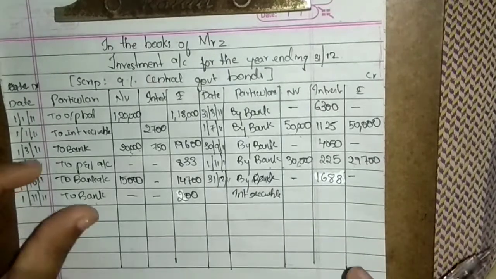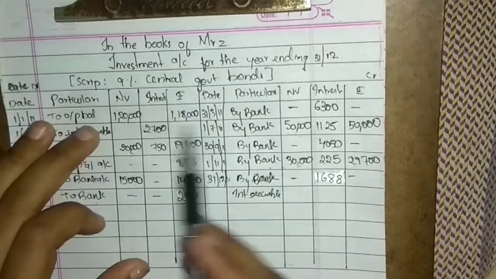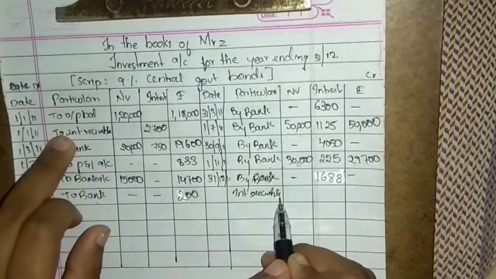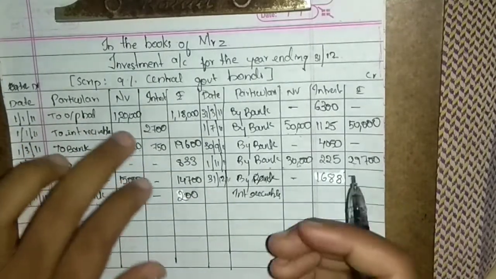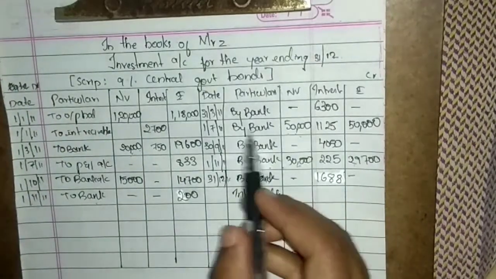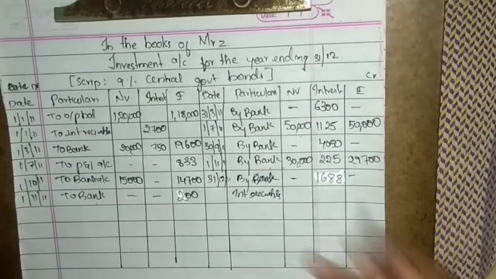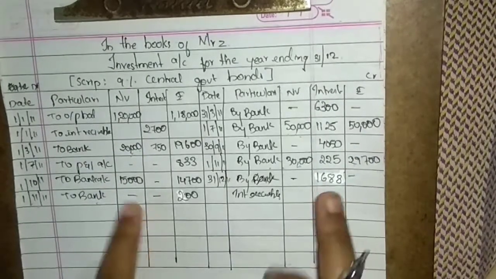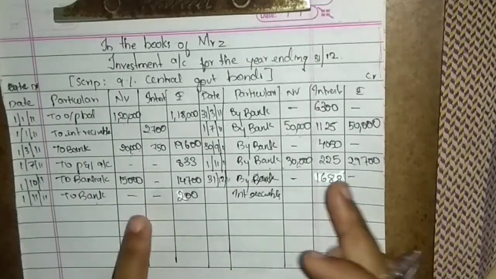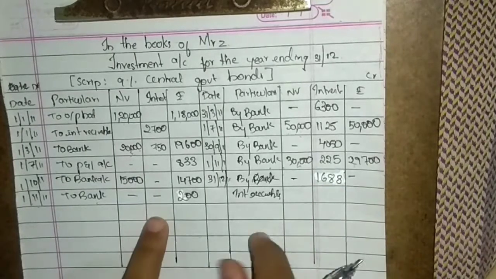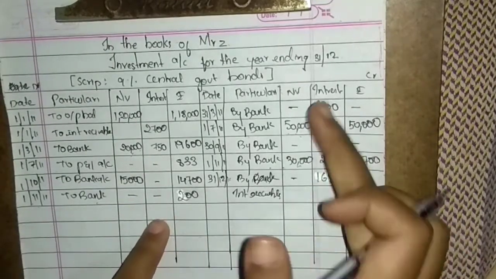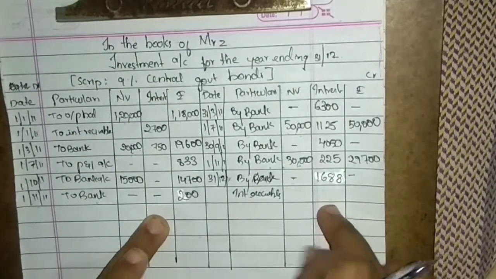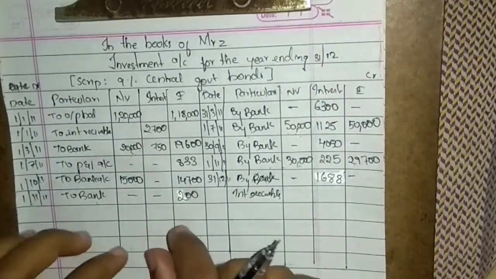Okay. Year end is not equal to the due date. You will be writing by interest receivable or to interest receivable, but only when you are getting the interest, then you are writing it as by bank. Okay, so you wrote 1688. Now the interest column is done. Now you need to first balance the interest column, add this interest column and deduct this interest column amount, so that you will get a balance, that is profit or loss.